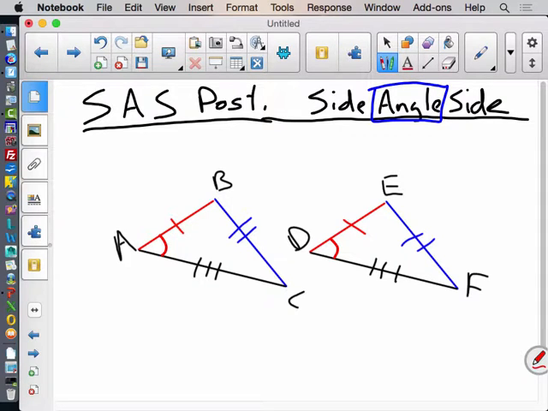So when I say side angle side, let's write it as it's written in the book, and then we'll talk about some different scenarios.